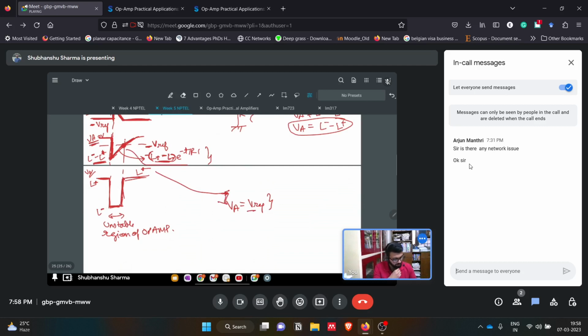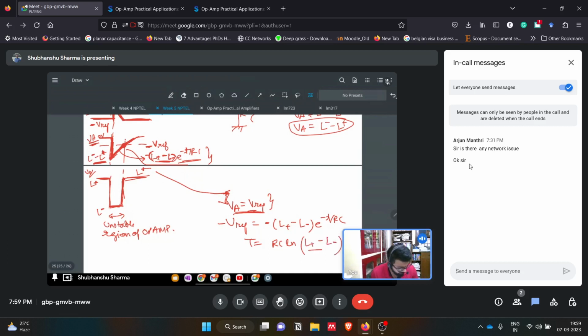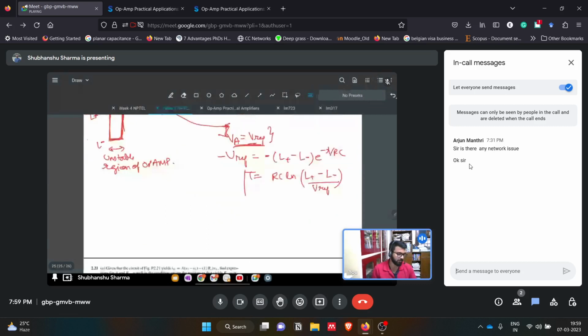So we say VA equals Vref, and VA is this equation, which gives L plus minus L minus e to the power minus t by RC. So t will become RC ln of L plus minus L minus divided by Vref. This is what they were asking for in the question.